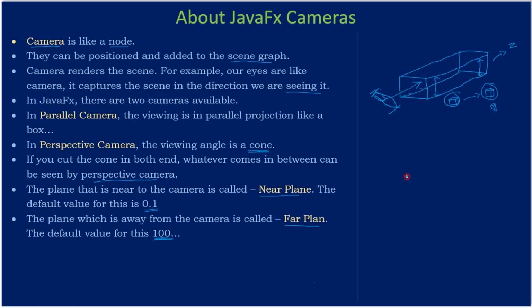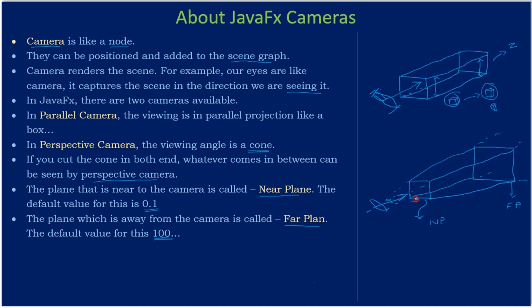So if you want to see that here, you see here the cone is cut in between. So we can call this as near plane, and this one is the far plane, and your camera is somewhere here. Let's state that, and you are viewing that in this direction.